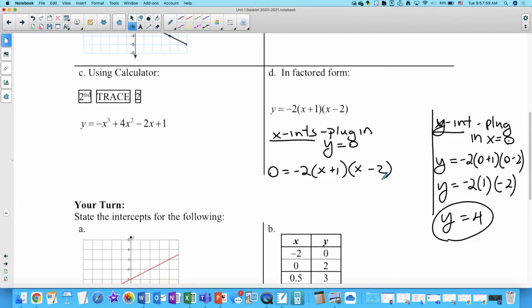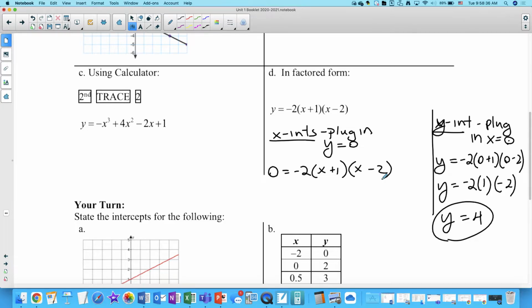On the right side, we are multiplying three things together: -2, x plus 1, and x minus 2. If you multiply a bunch of stuff together and the answer is 0, what do you know about one of those things? Yeah, one of them has to be 0. It's the only way for these three things multiplied together to get 0. If these are all non-zero values, the left side wouldn't be 0. It would be something else.